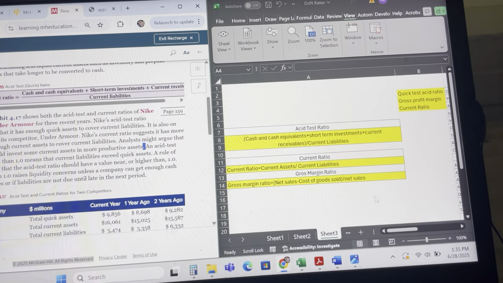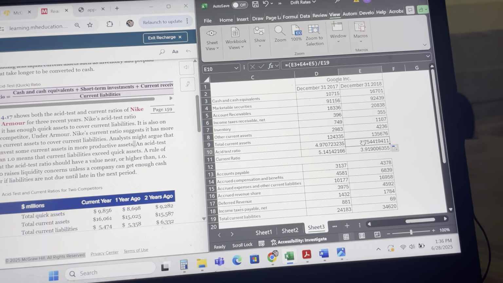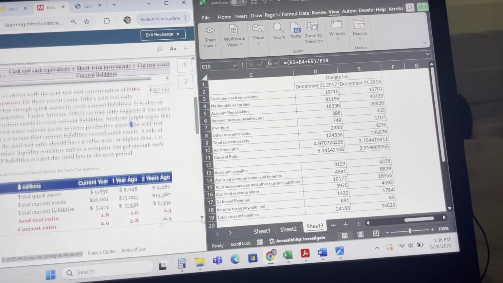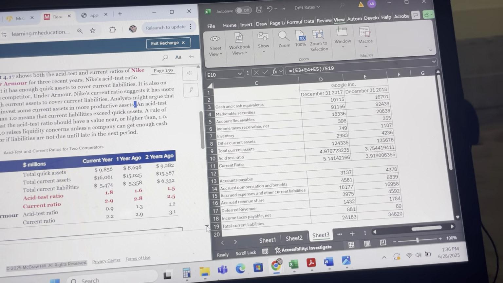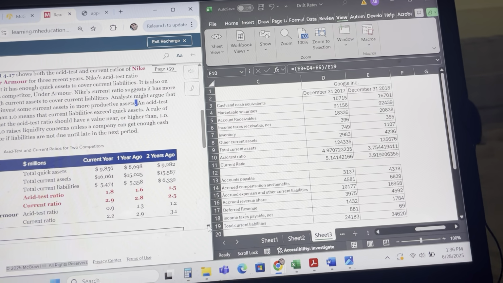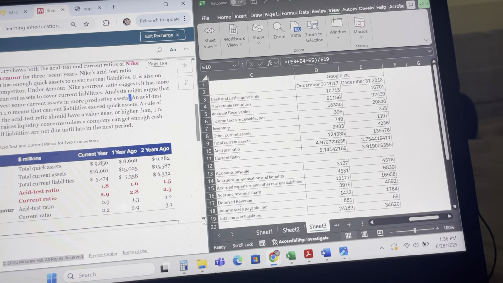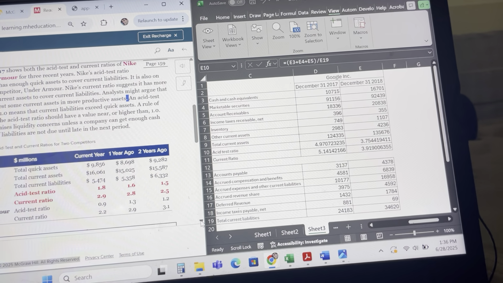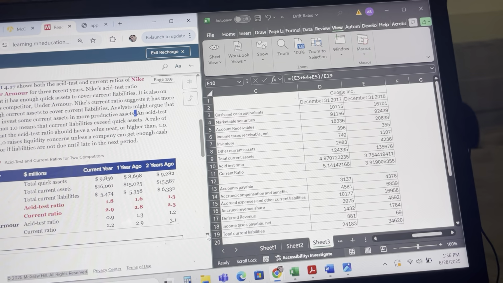So I understand that this is probably the best formula to know if you can give short-term debts to companies, because you know how much money they have, or how much potential they have to convert assets quickly into money to pay their own debts.